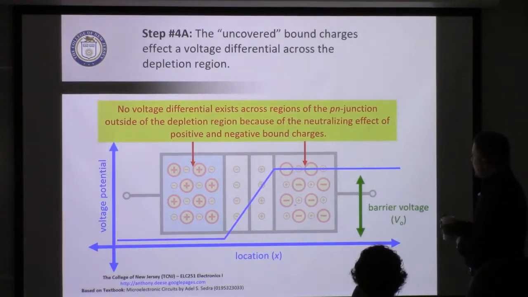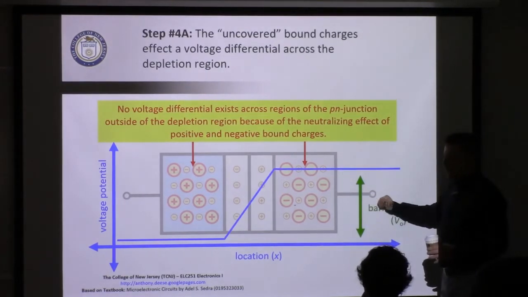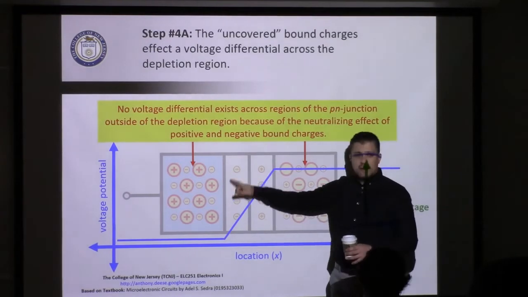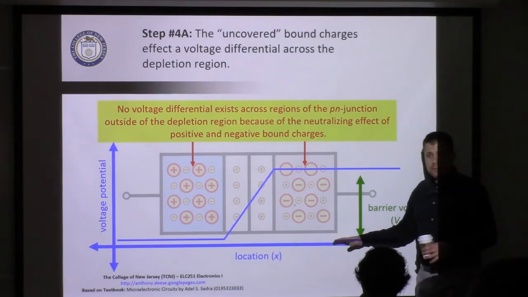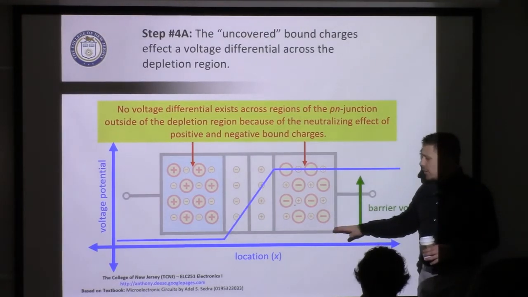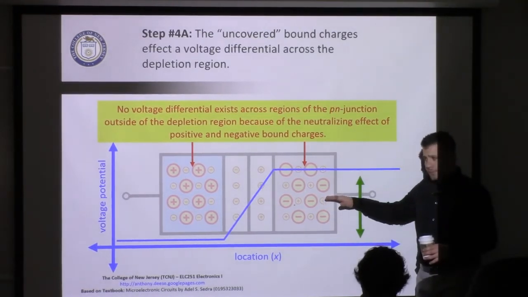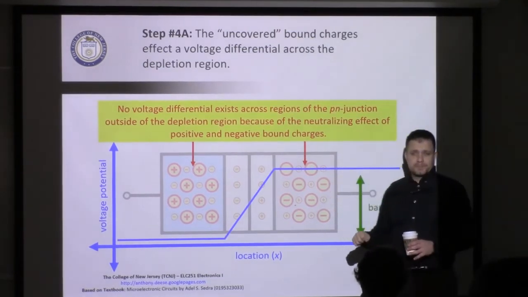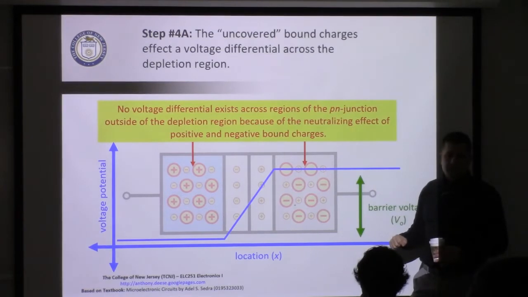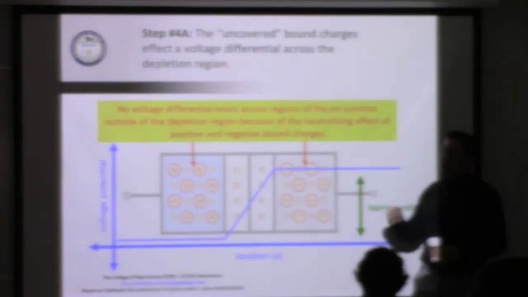This barrier voltage will get larger and larger as the number of uncovered charges in the depletion region increases. So it starts out at 0, diffusion starts, uncovered bound charges, more uncovered, on and on, until eventually we reach an equilibrium value, and we'll talk in a minute about what will cause us to reach equilibrium. The final value of the barrier voltage we call the built-in voltage.